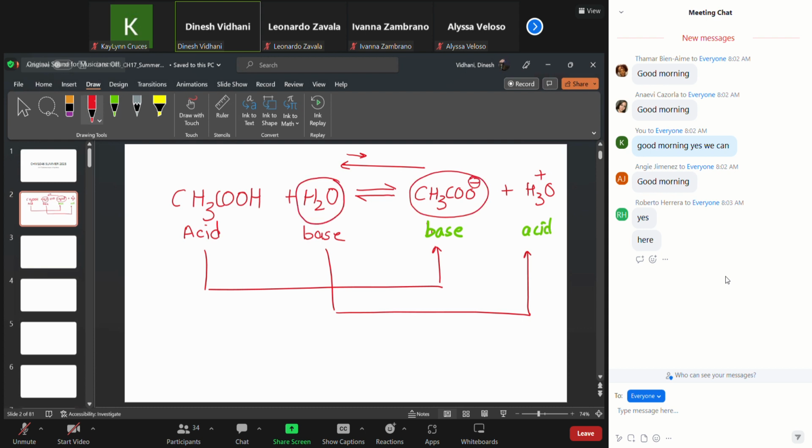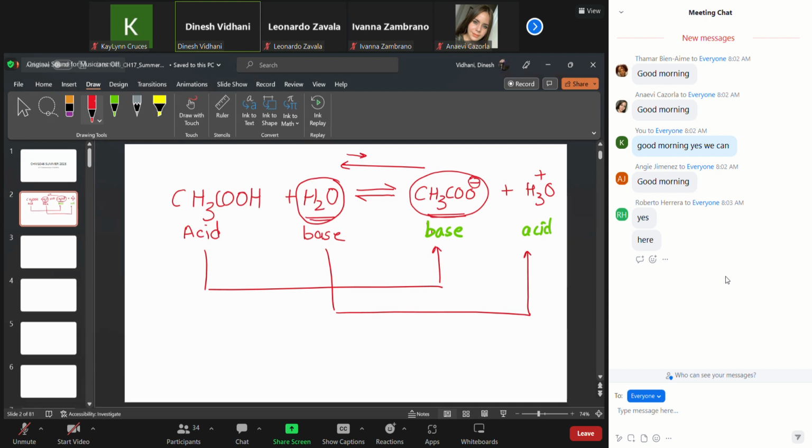Because water is accepting a proton from acetic acid, but it is not doing it efficiently. That's why on the right side, you have less acetate ion and hydronium ion. By that analogy, the reverse traffic, that means the acetate ion wants to go towards the left side. That means acetate ions are a stronger base than water.